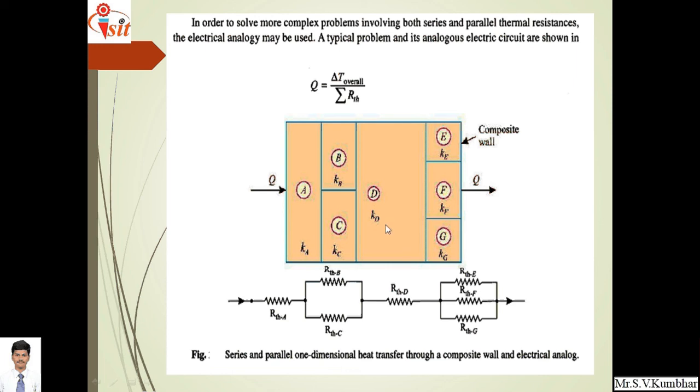Similarly, thermal resistance of D material, and E, F, G are connected in parallel. Here also thermal resistances of E, F, G are shown in parallel. Again its equivalent thermal resistance is calculated first, then it is replaced by its equivalent resistance in order to solve such a complex problem.